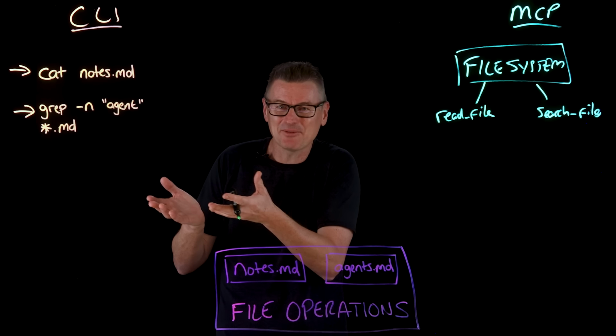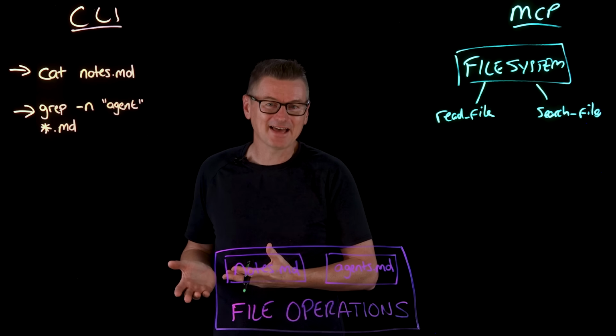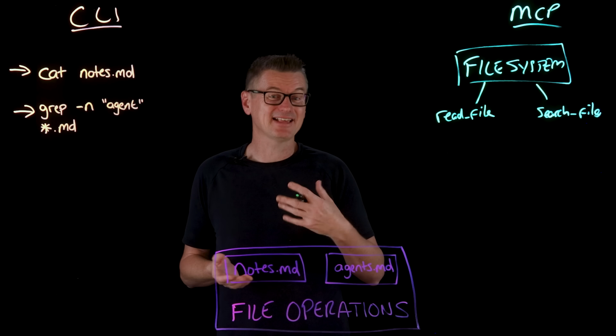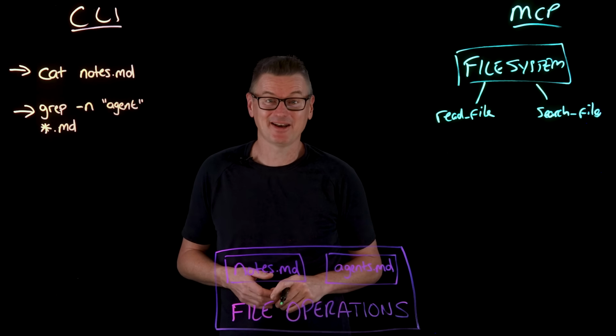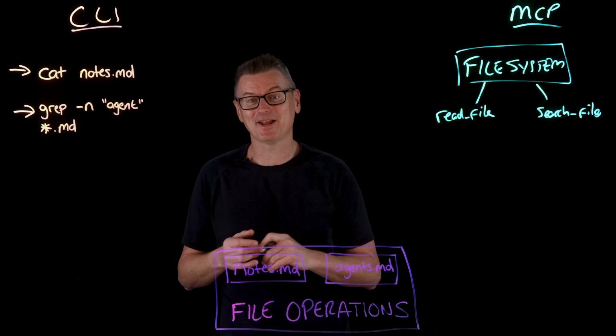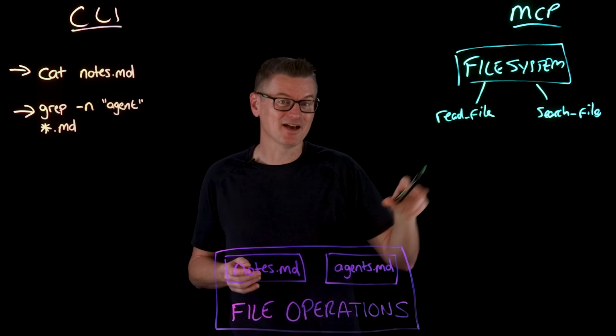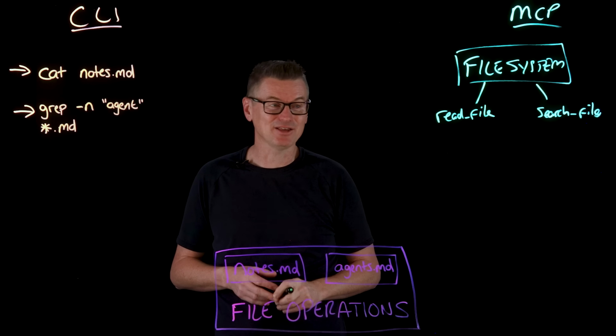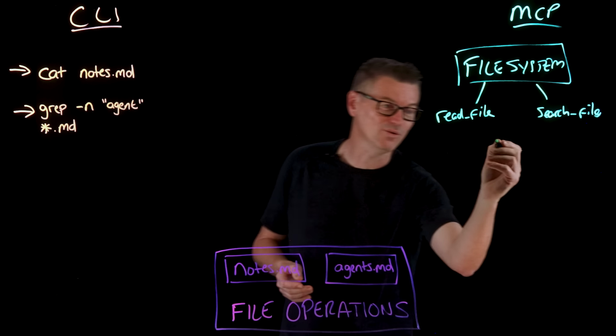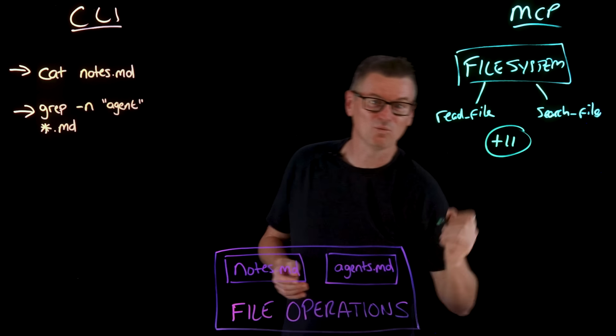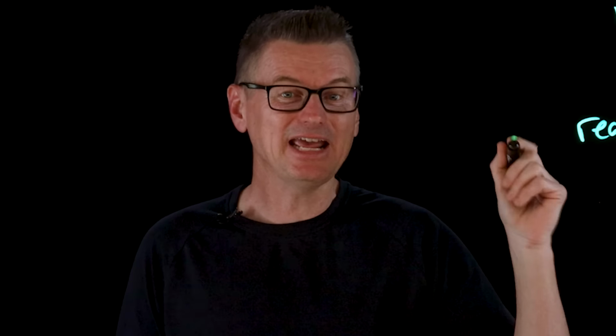But the CLI commands are a bit more compact, and the model didn't need to know any schema to know that grep -n was the right flag combination. Now, the file system MCP server advertises 13 tools, and I only actually used 2. There were 11 more that weren't used. And each one of those tools comes with a full JSON schema.